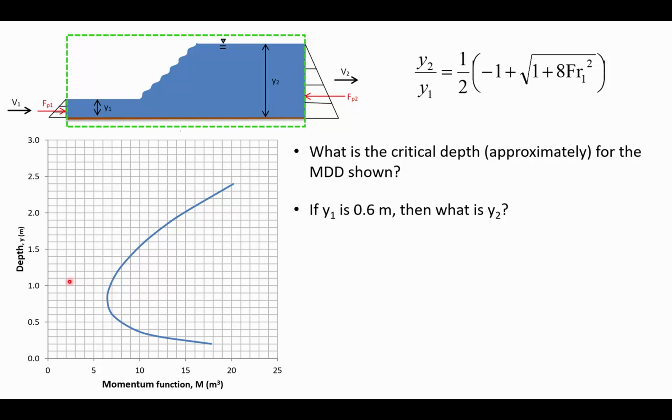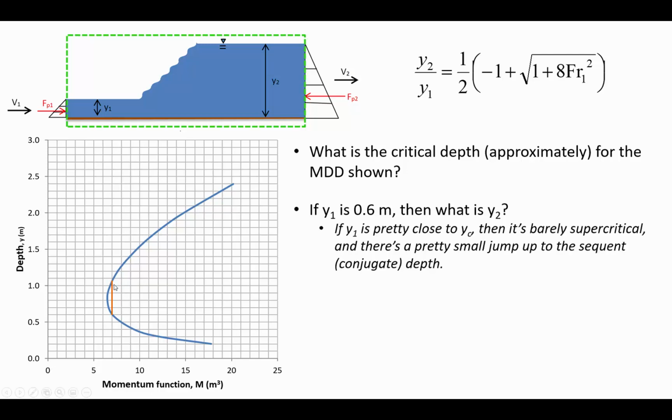And then back over to the left-hand side, it looks like it would be 1.05. So here is the point that has the same amount of momentum. Our first depth of 0.6 and 1.05 would be the sequent depth. So that's not a very big change from 0.6 meters to 1.05 meters.